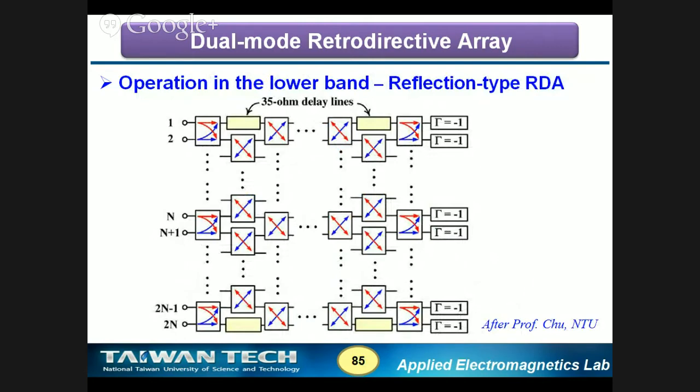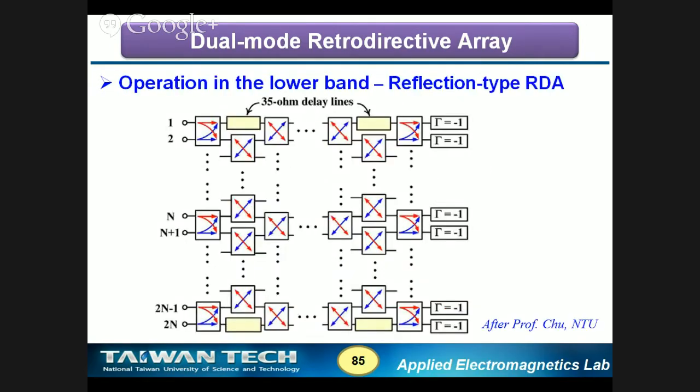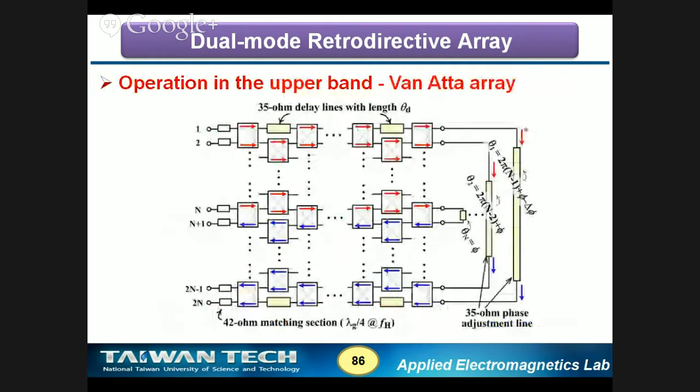But in the high band, just think about the case. All the shunt paths, all the coupling paths cannot exist. So what you see here is a direct connection from port 1 through the connecting line to port 2n.